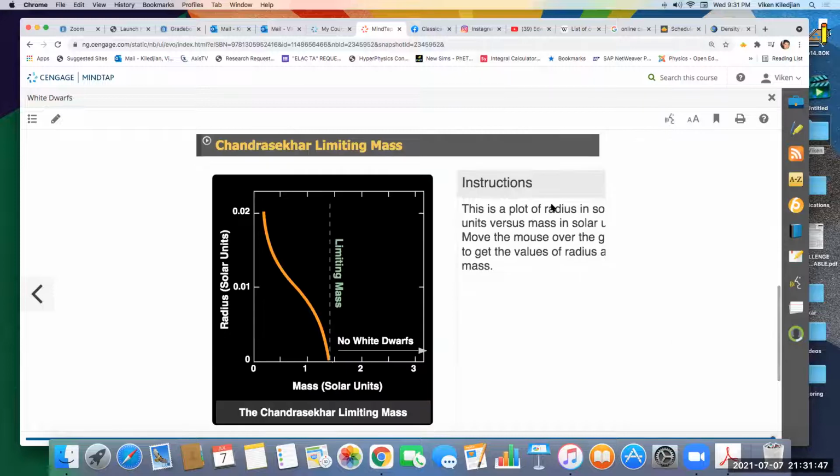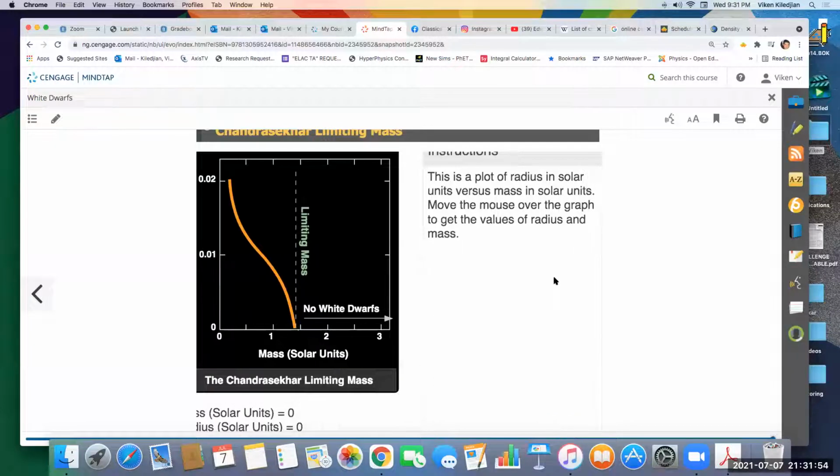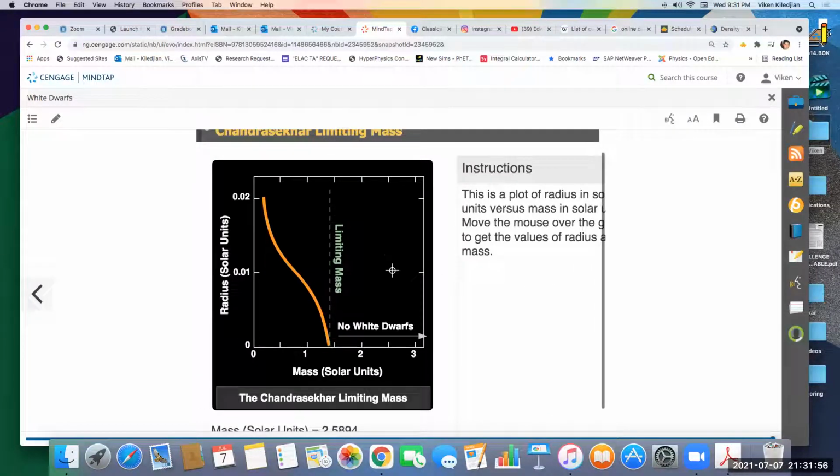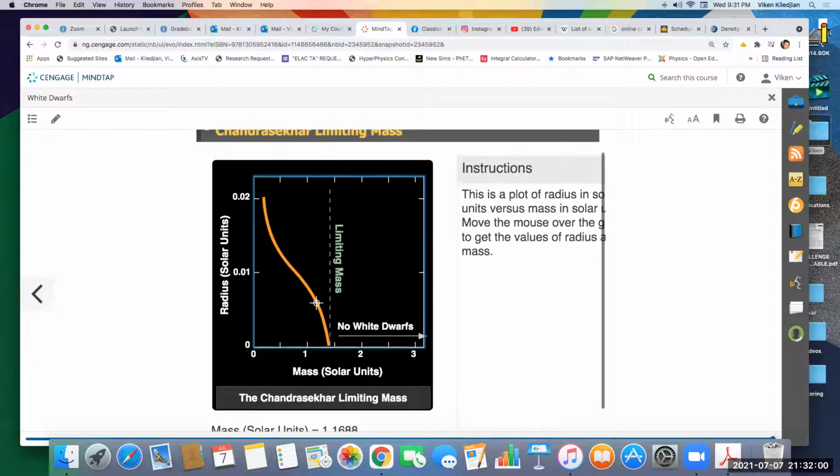So the instructions: there's a plot of radius. Okay, good. Let's see, what do I do? I don't think there's much that you do here. Oh, okay. So here I can just click, and depending on where I'm clicking, it will tell me the mass.